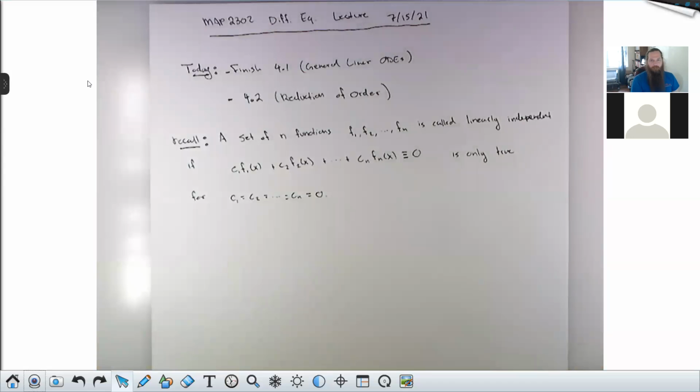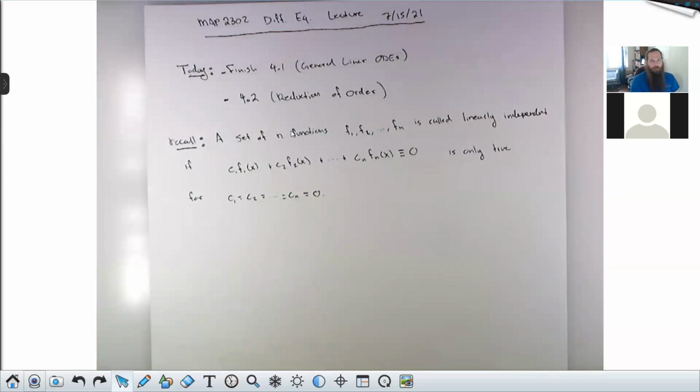And this is something that happens on an interval, remember? So we'd say that these are linearly independent on the interval I if this is identically true for all x on the interval I.